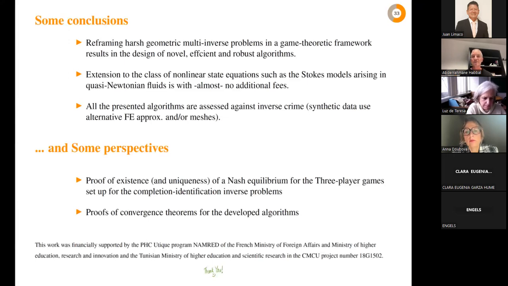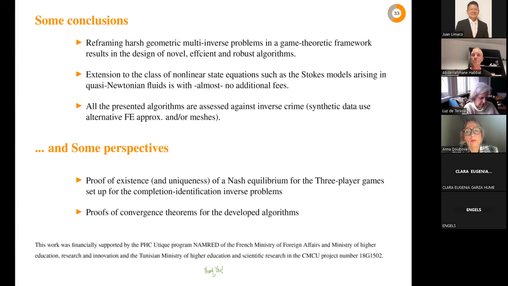I mean, the results were very interesting. I think one important point is that using this approach, you can consider nonlinear state equations and do this linearization while capturing the Nash equilibrium.